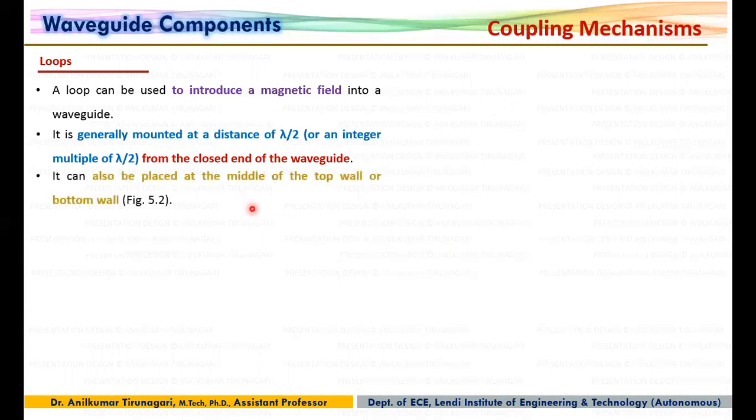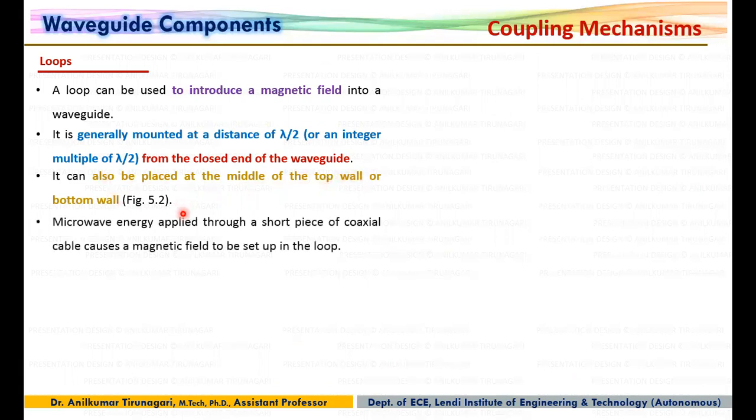Coming to the exact location, it can be placed at the middle of the top wall or bottom wall. We can see in the third figure, the microwave energy is applied to a short piece of coaxial cable, like in the previous probe coupling. Whatever energy we are applying causes the magnetic field to be set up in the loop. Why?